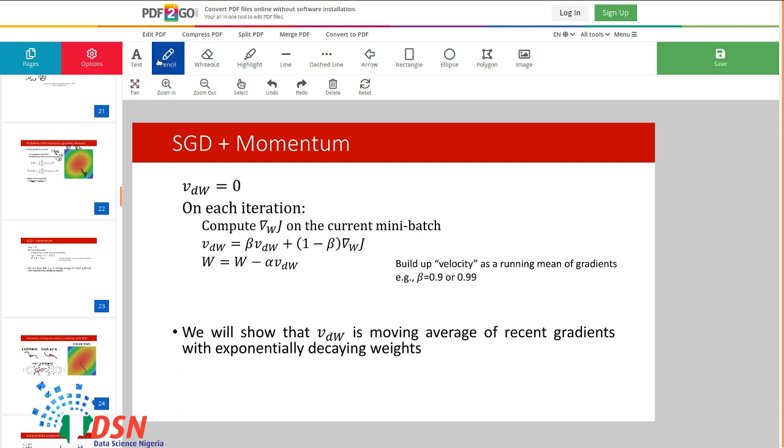Okay, the first idea to solve this problem is stochastic gradient descent plus momentum. The idea of momentum is that, to mitigate the problem of noisy gradients, we perform some kind of exponential moving average of the previous gradients to consider them in the current step for updating the weights.